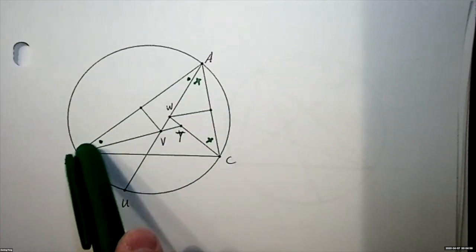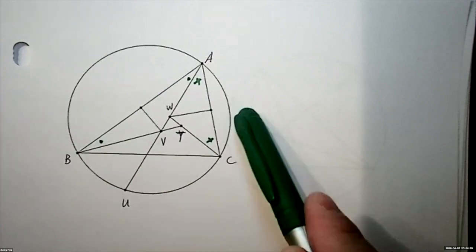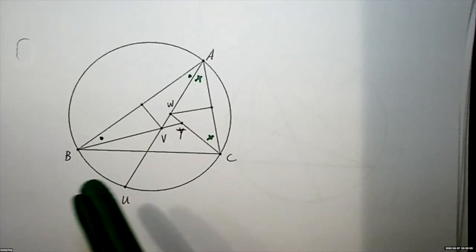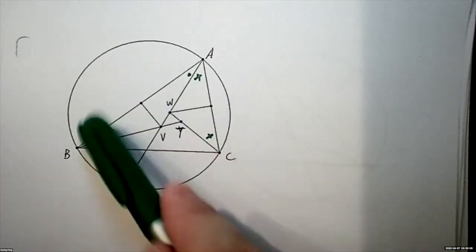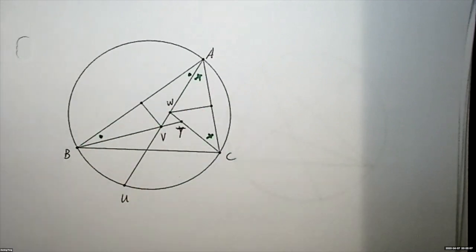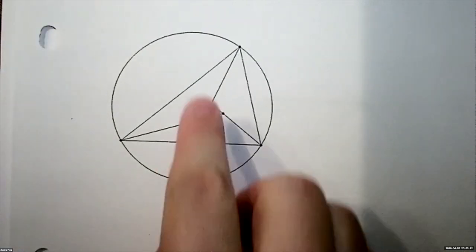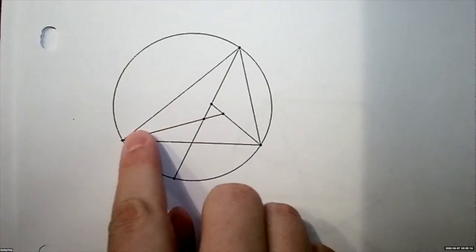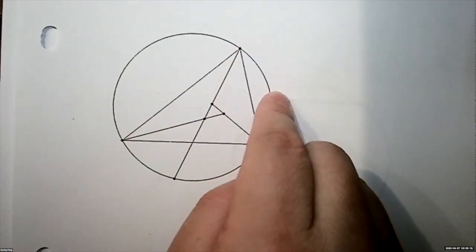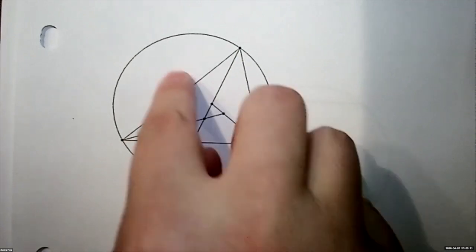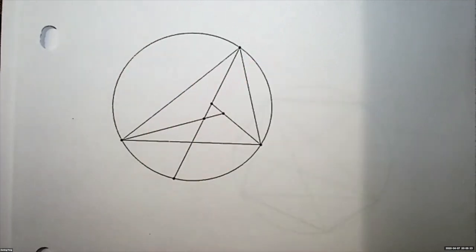How do I make these angles make more sense? I have to use the arcs, because this angle right now is bad. This angle is good, they are facing BU. And this angle is nowhere right now. So we are doing the same thing as we did last time. How do we use these angles with the arcs? Last time we extended these lines, because then naturally we are talking about arcs.